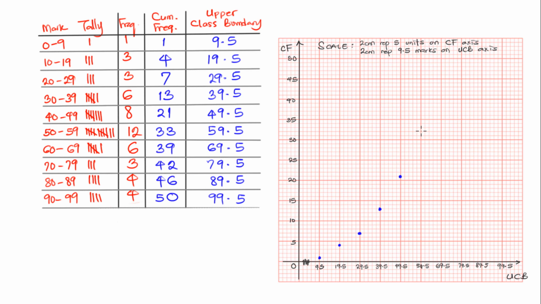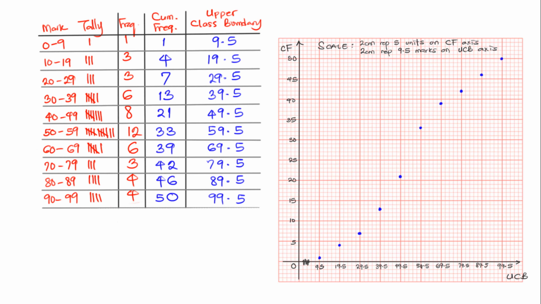So now we just mark off the subsequent values for cumulative frequency and the upper class boundary. Like here, we now have 69.5 and 39. 39 is just before 40, okay? Then 79.5 and 42. 42 will be 2 steps above 40. 89.5 and 46, just after 45. Then 99.5 and 50. 50 is the last entry.